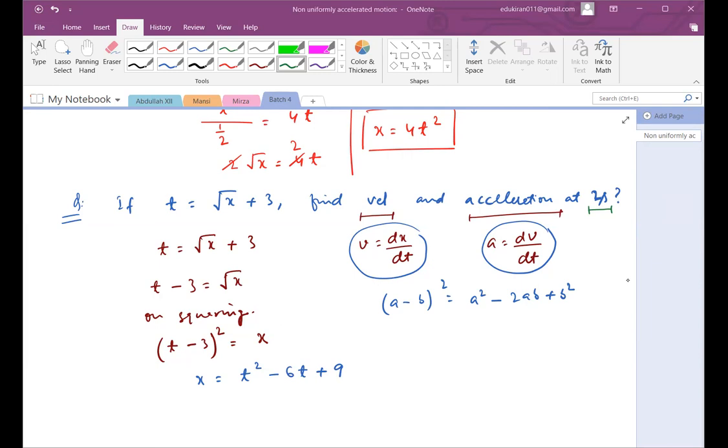So we have to substitute the value of t in x equals t square minus 6t plus 9, right? We have to calculate velocity using this rule and then put the value of t to be 2 seconds.